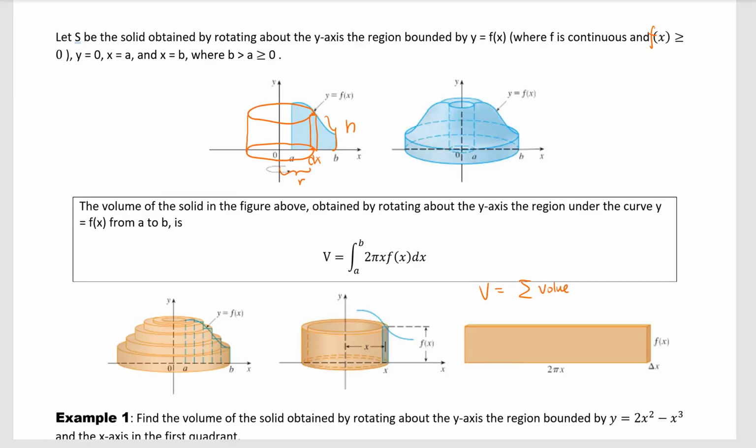Each shell's volume is like a rectangular solid: 2 pi r is the length, h is the height, and the width is dx. So that's why this is our formula. So far so good, everybody?